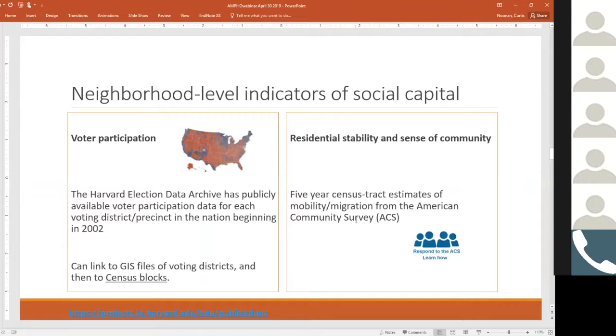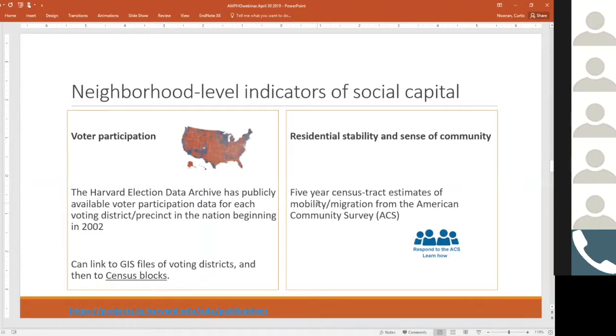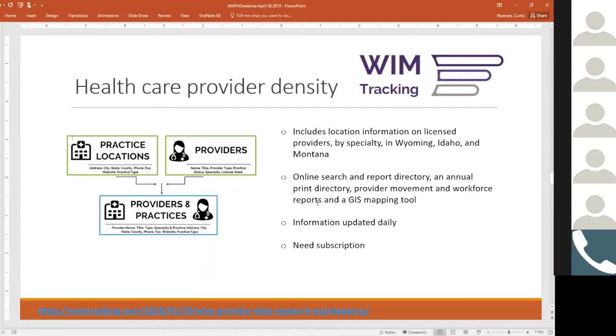We already mentioned the American Community Survey. There's a website here for those of you that are interested, if you want to take a look at the Harvard Election Data Archive. I mentioned this Wyoming, Idaho, Montana tracking. There's a link below there.